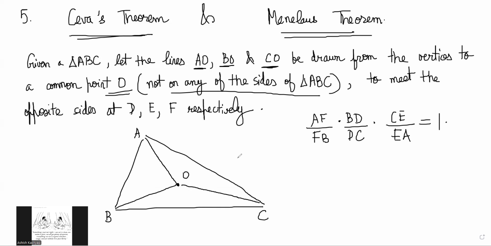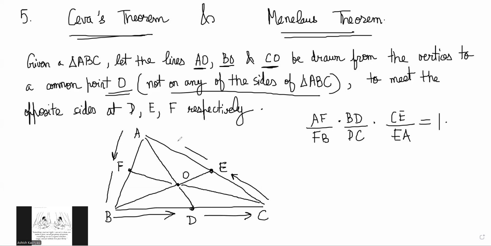It can even be outside the triangle, anywhere. Now we'll extend AO and it meets the opposite side at this point D. Extend BO to E, and extend CO and it meets the opposite side at F. Now what the theorem is saying is that AF by FB times BD by DC times CE by EA is always going to be 1.